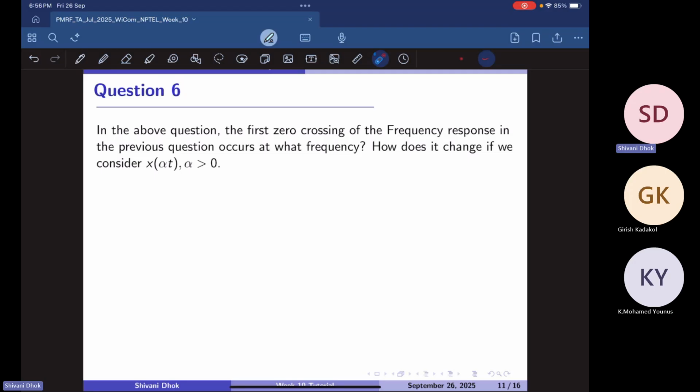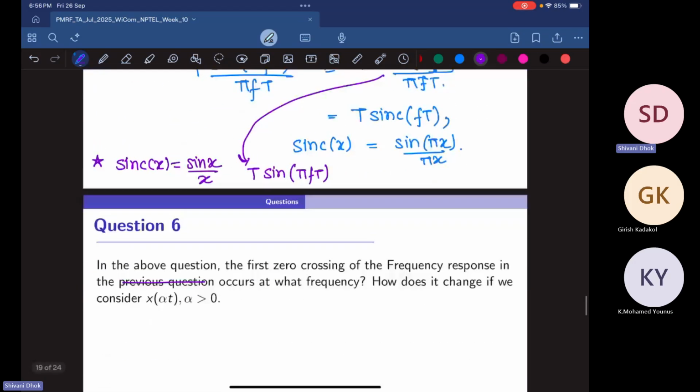In the above question, the first zero crossing of the frequency response occurs at what frequency? And how does it change if we consider x of alpha t for alpha greater than 0? So what is given to us?